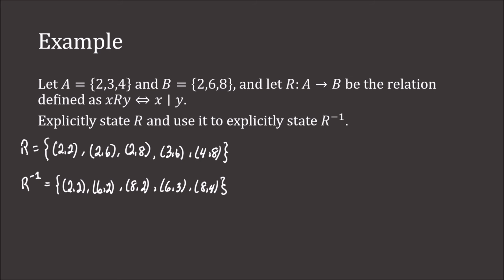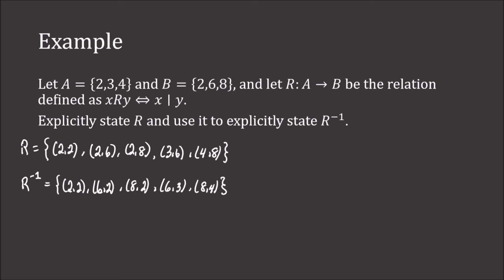Now in words, R is essentially saying x is related to y if and only if x is a factor of y. Our inverse is saying that y is related to x by our inverse if and only if y is a multiple of x.